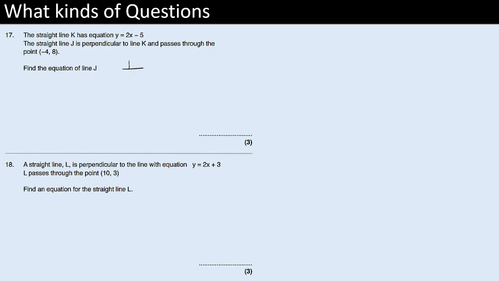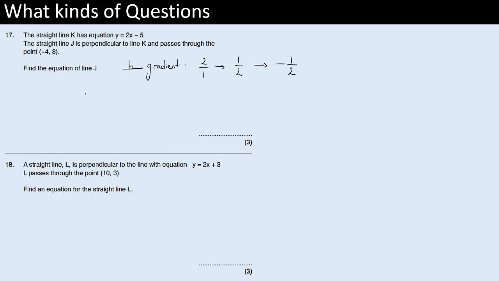Well, the perpendicular gradient is going to be the negative reciprocal of the normal gradient. So if our normal gradient is 2, I want the negative reciprocal of 2. We saw we can write it as 2 over 1, which reciprocates to 1 over 2, which then becomes negative 1 over 2.